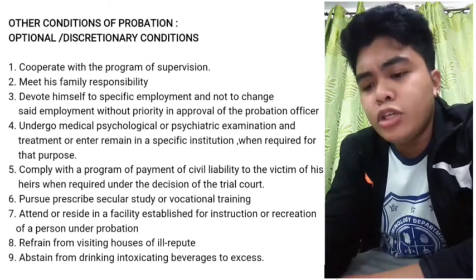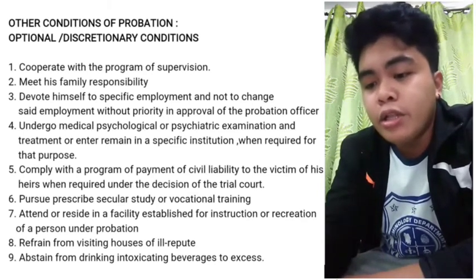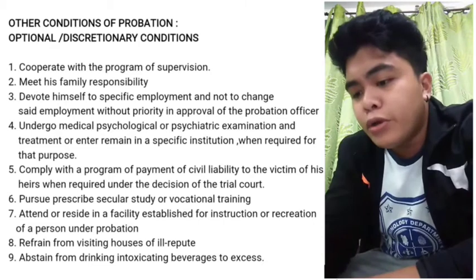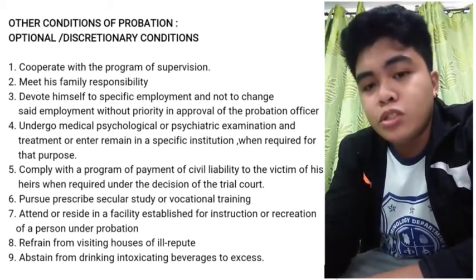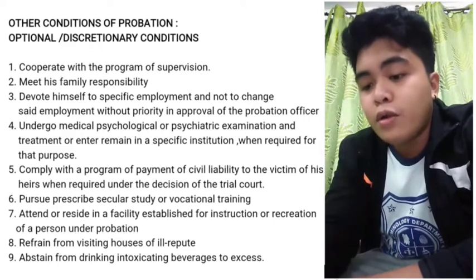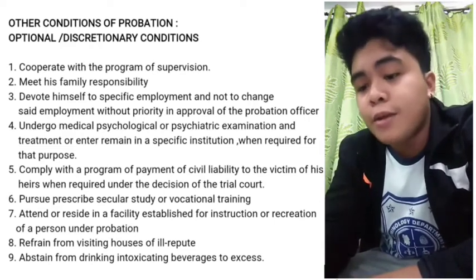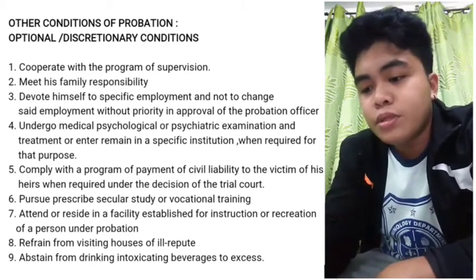Then, other conditions of probation, optional or discretionary conditions. The probation order may also require the probationer, in appropriate cases, to cooperate with the program of supervision. So mo cooperate ka sa mga programs about supervision.